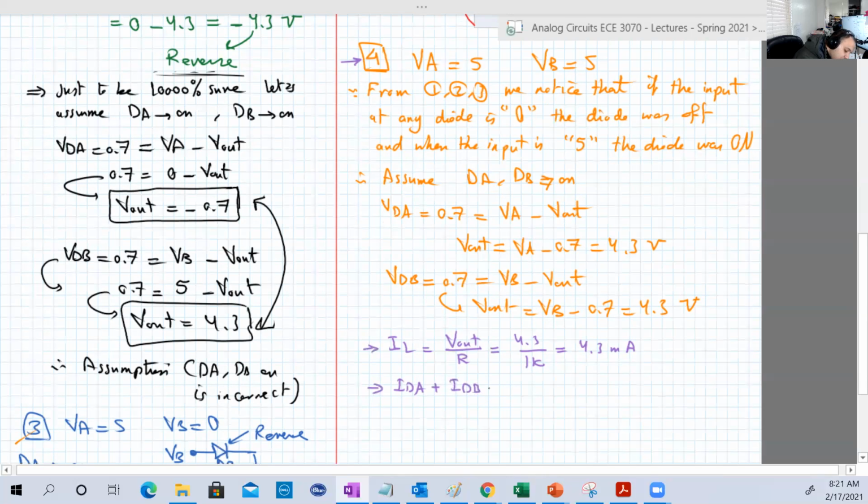Now for the currents, IDA plus IDB, from KCL, equals IL. So the two diodes are matched.